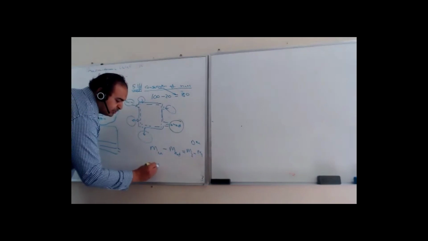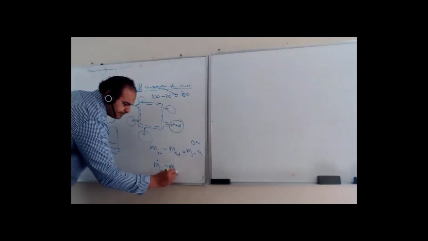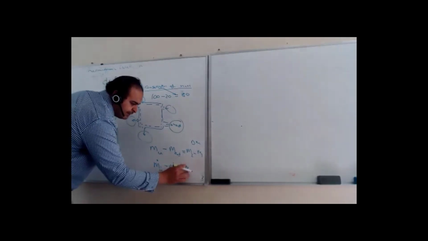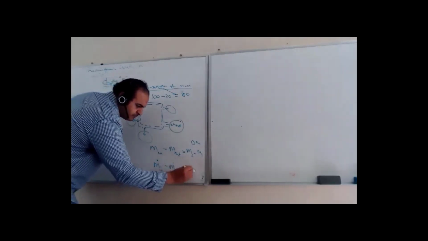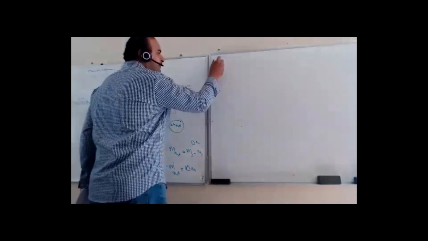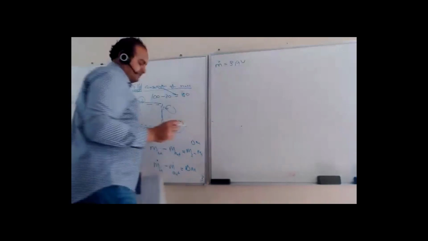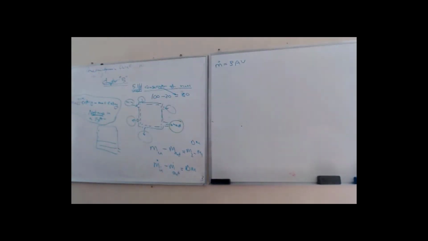Or M dot in minus M dot out equals delta M dot. So dot means per unit time. M dot is rho AV.